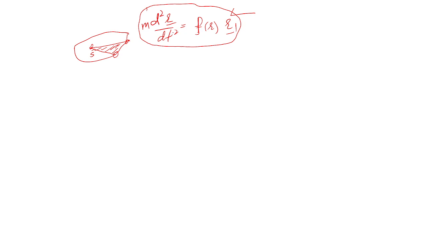So that is the confirmation that when a body obeys this equation, for f of r to be the gravitational force function, the body should move in an elliptic orbit. So that is the next task.